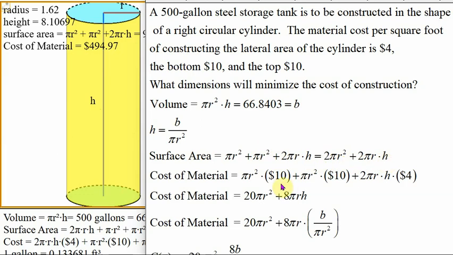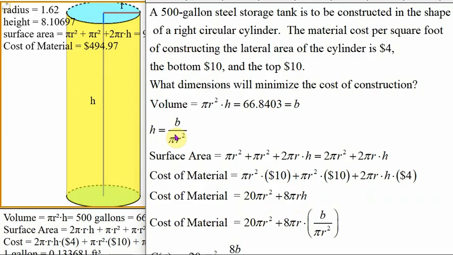Once again, the material cost per square foot is $10 for the top and the bottom, so we multiply each circle by 10, and then multiply the lateral area by 4. Then we simplify and get 20 pi r squared plus 8 pi r h. This will be the cost of material.